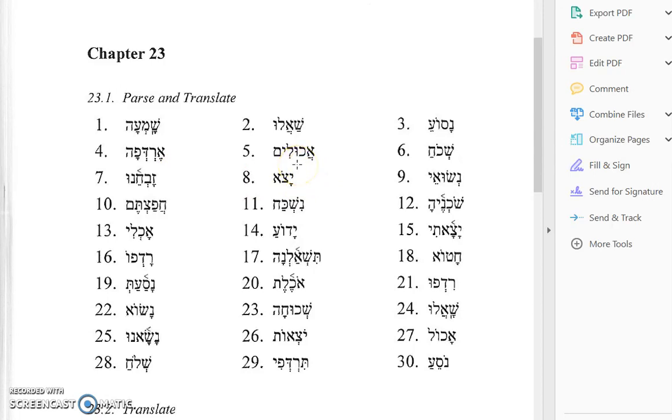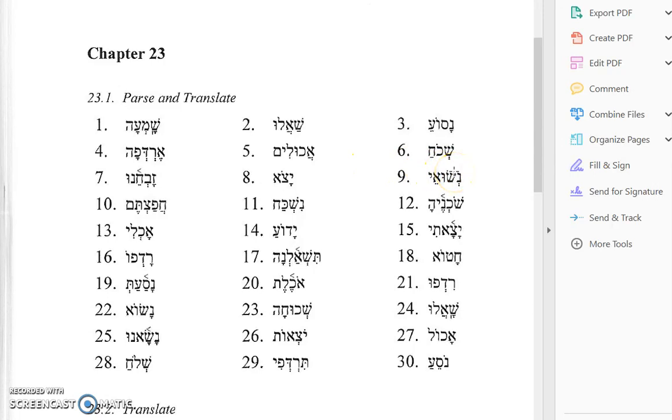There you get the shureq in between the second and third consonants, a sure indication of a passive participle. Akal is to eat. Akulim is the things which are eaten, masculine plural, things that are eaten or consumed. Consumables, you might call them.